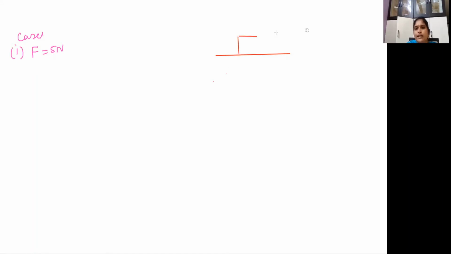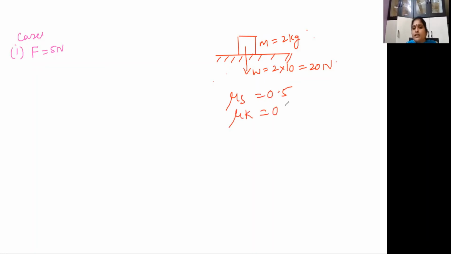The mass is 2 kgs, and the weight is 2 into 10, 20 Newton. Let us suppose the coefficient of static friction in this case is 0.5, and the coefficient of kinetic friction is 0.4.